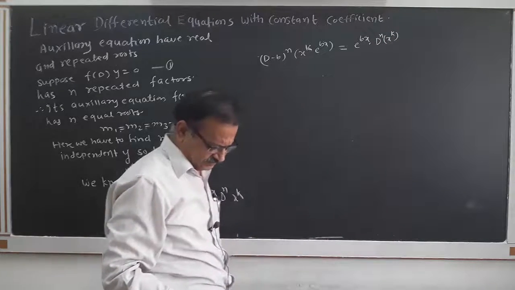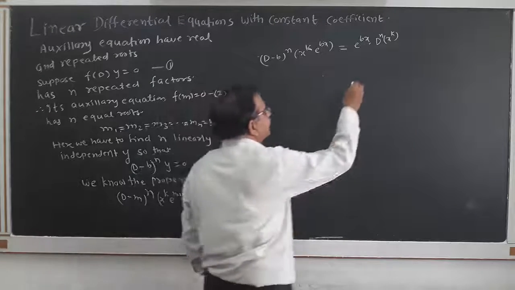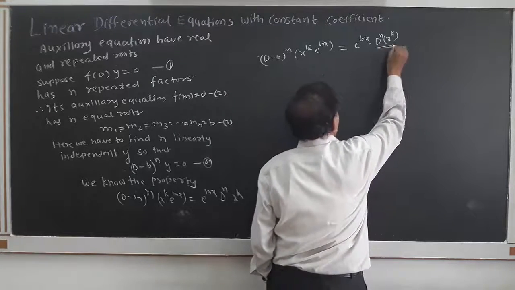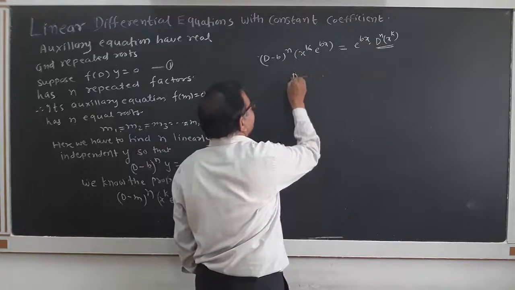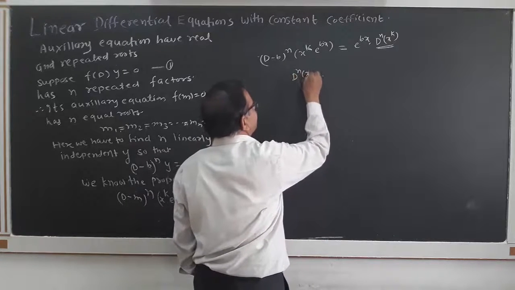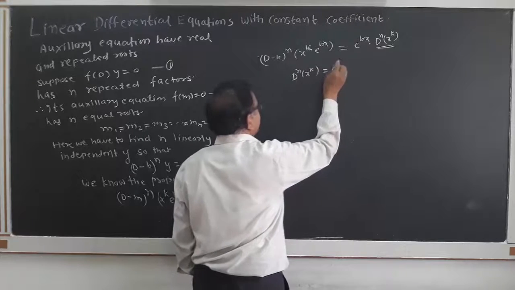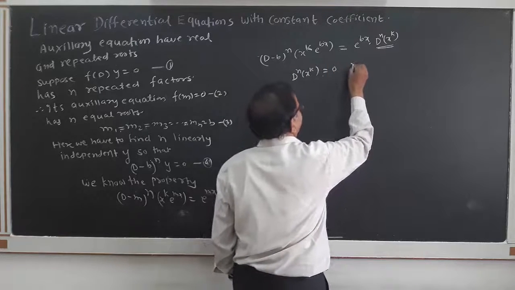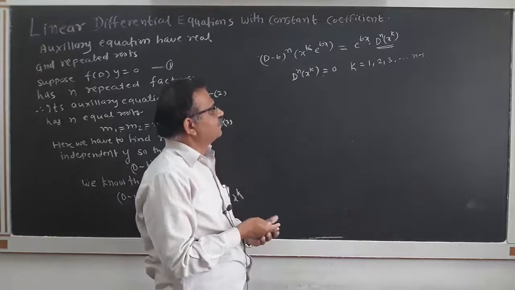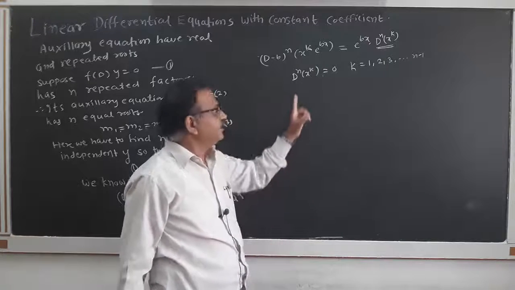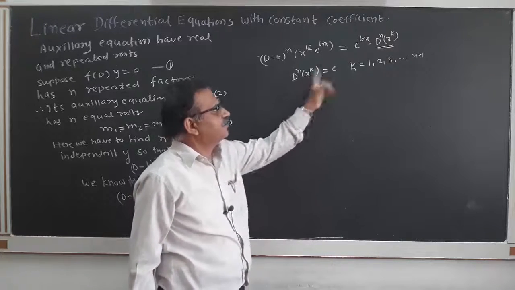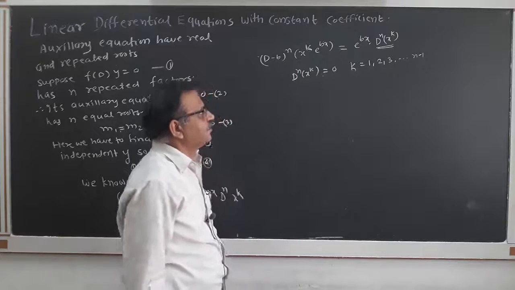We will get this. The nth derivative of x raised to k, D raised to n of x raised to k, is 0 for k equal to 1, 2, 3 up to n minus 1.